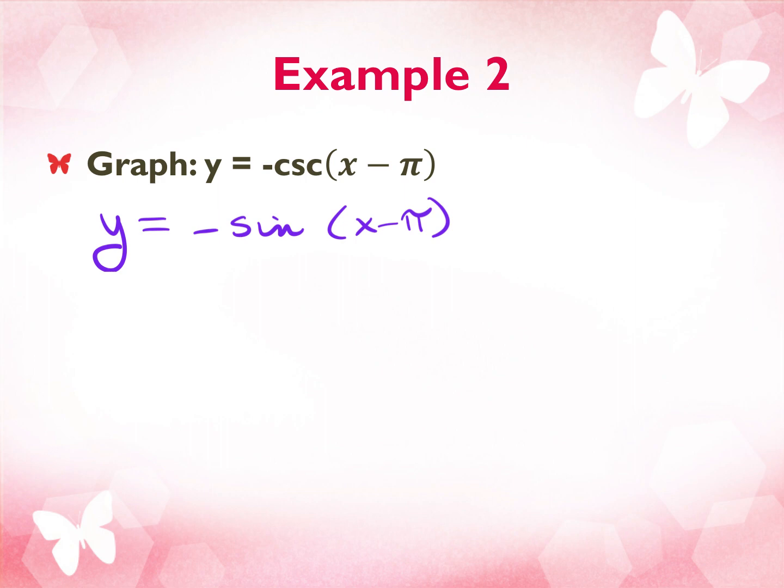Also, this negative sign in front, we can assume it's a -1, and that's my amplitude. And then the minus pi here, this is backwards of what you think. I'm shifting my graph to the right over to pi. So really, I'm starting at positive pi. All right, so now let's do the calculations.